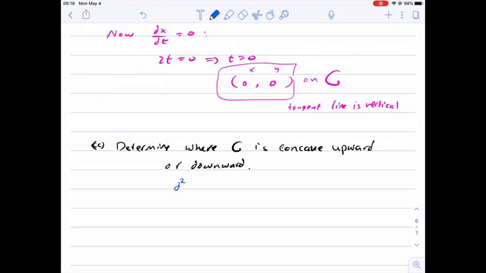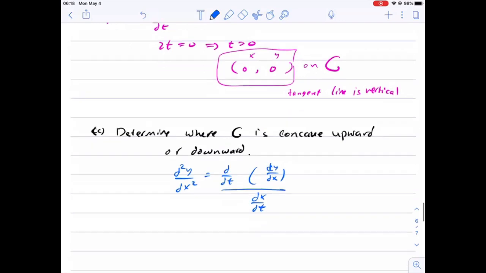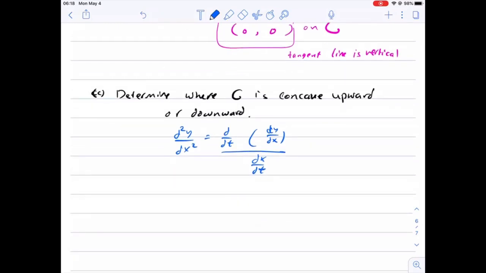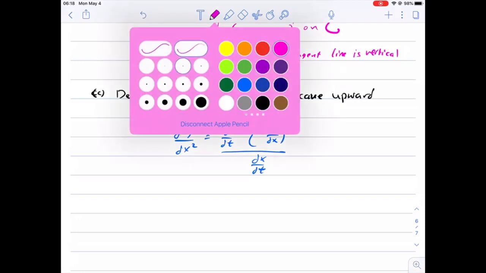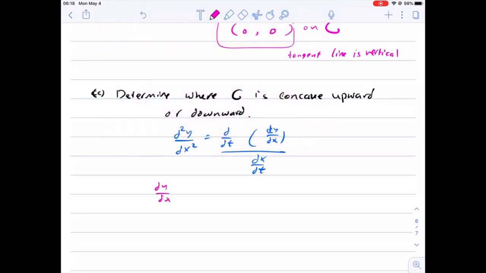So as stated above, in this case, the second derivative of y with respect to x is the derivative with respect to t of dy over dx, all divided by dx over dt. So this is the formula that we need to use. We know that dy over dx is (3t squared minus 3) over 2t.